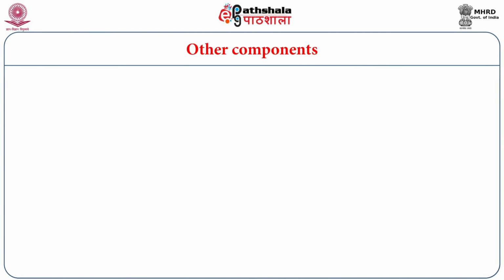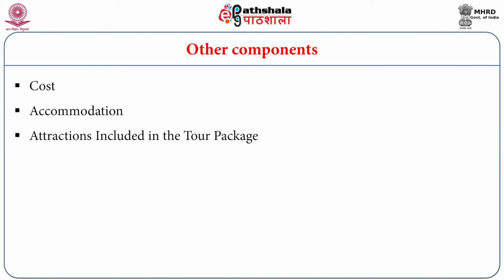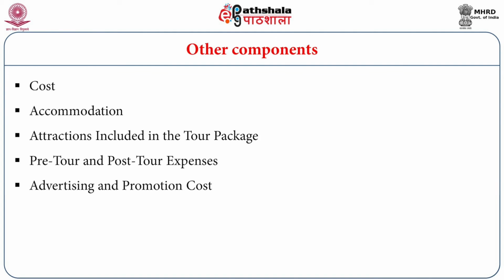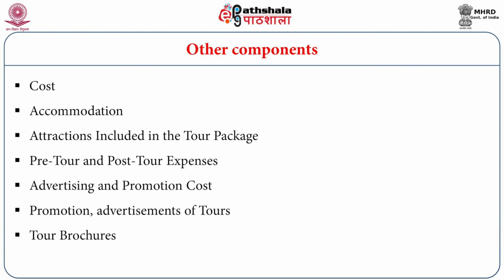The last section of the components of tour documents includes the category of other components such as the cost of the tour, accommodation type and nature, attractions which include varieties of places to see which are mentioned in the tour package, pre-tour and post-tour expenses, advertising and promotion cost, advertisements of tours, tour brochures, offers and discounts.